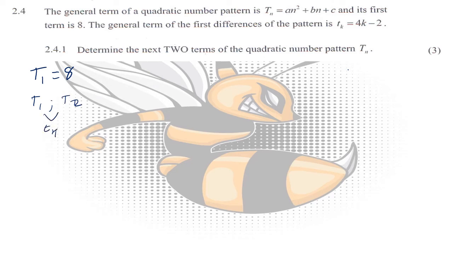So it will be the first small t term. So we can say, okay, we need to find out what t1 is, and that will be 4 times 1 minus 2, which is 2. Therefore term 2 is equal to 8 plus 2, which gives us 10.